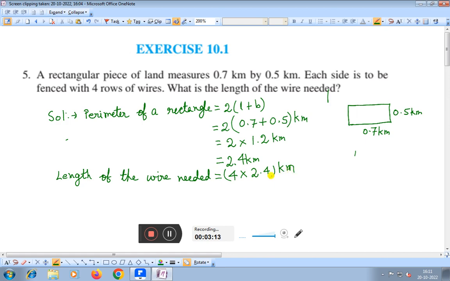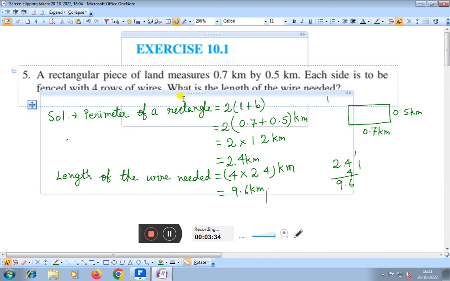That is 2.4 into 4, that is 4 4s are 16, 4 2s are 8 plus 1 is 9, 9.6 kilometer. Let us again repeat once again, right?